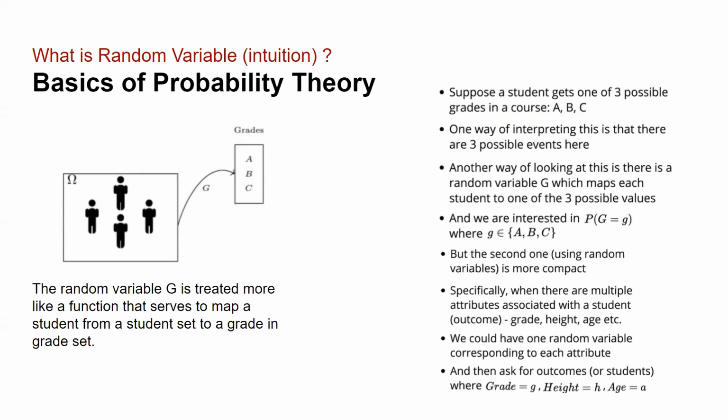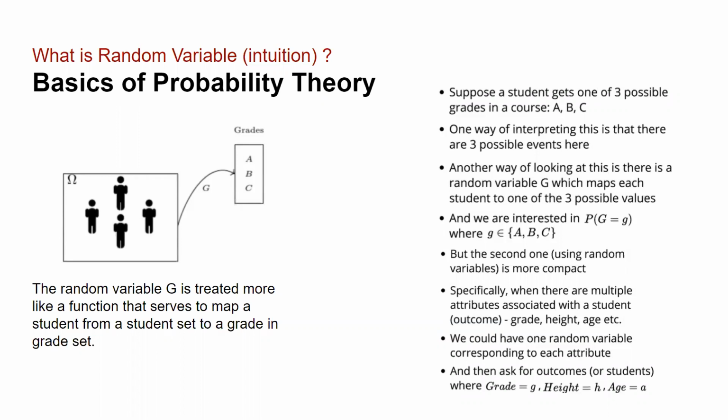Suppose a student gets one of three possible grades, A, B, C. One way of interpreting this is that there are three possible events: the first event is that the student gets grade A, the second that the student gets grade B, and the third that the student gets grade C.